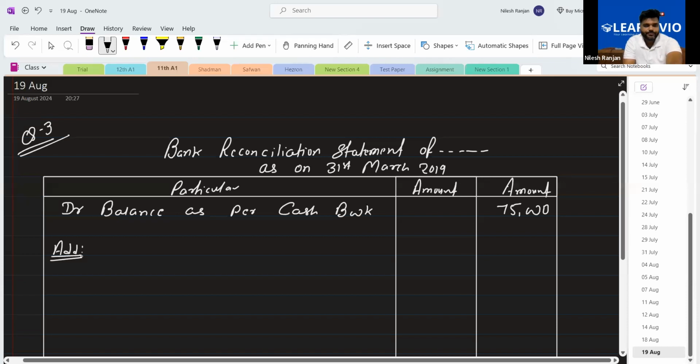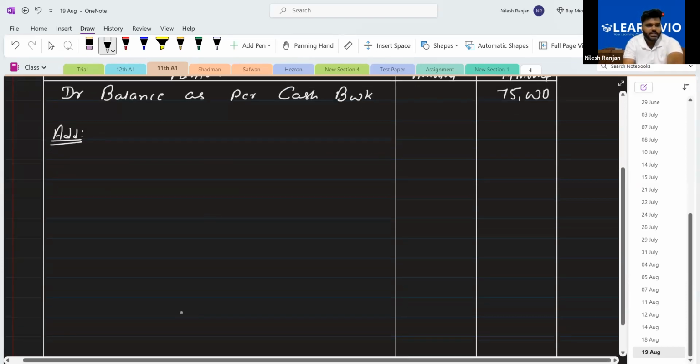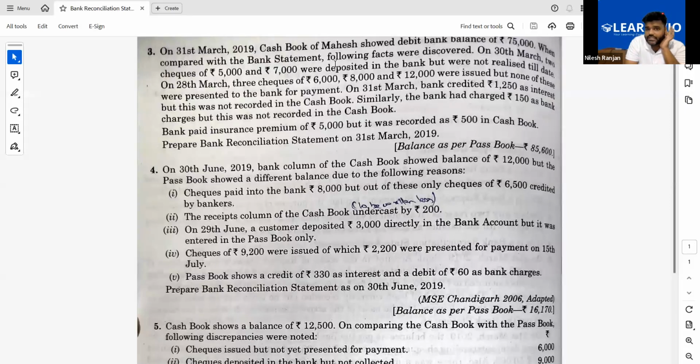We have to add and also less. So the first one on the add side is: when compared with the bank statement, the following facts were discovered. On 30th March, two checks of rupees 5,000 and 7,000 were deposited in the bank but were not realized.